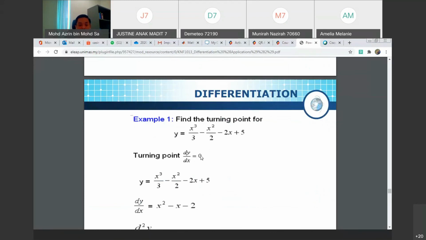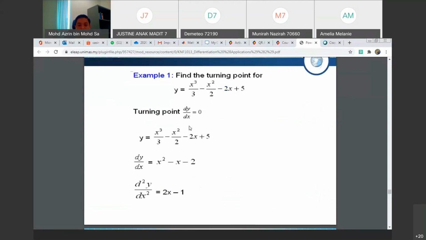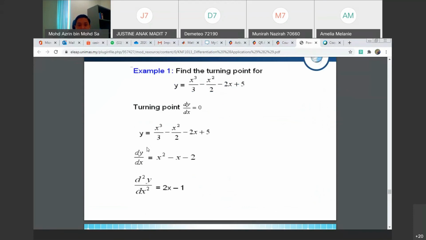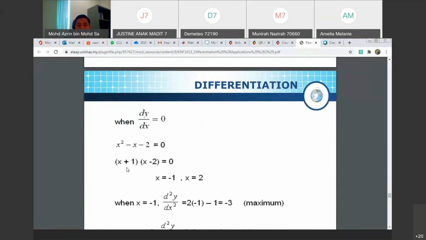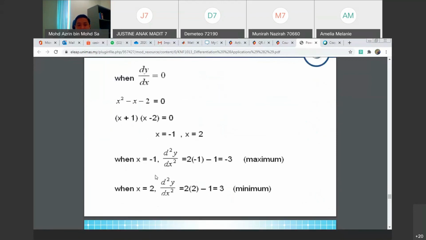Saya ambil contoh lain. Ini contoh bila you nak cari turning point for this equation by using second derivative. So first derivative, dan you cari dia punya nilai x by using dy dx equal to 0, okay, for stationary point. Then you have nilai x. The nilai x masuk dalam second derivative to find the value of maximum and minimum.